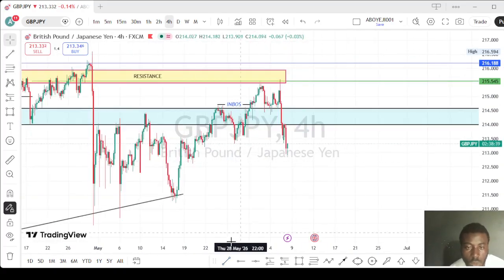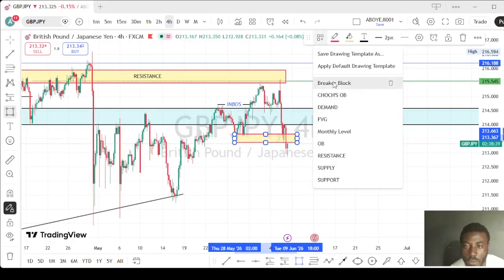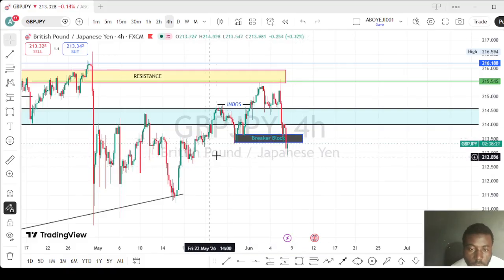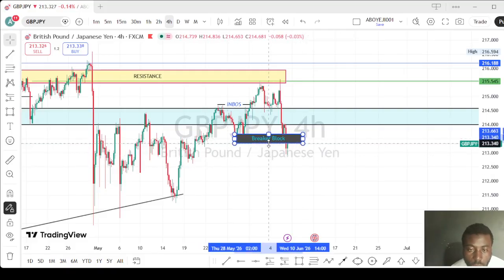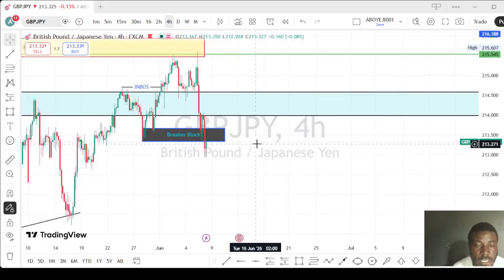And this is the demand. This demand has turned to a breaker block for me, because the market touched it with a full body candle. So this is what I'm seeing.